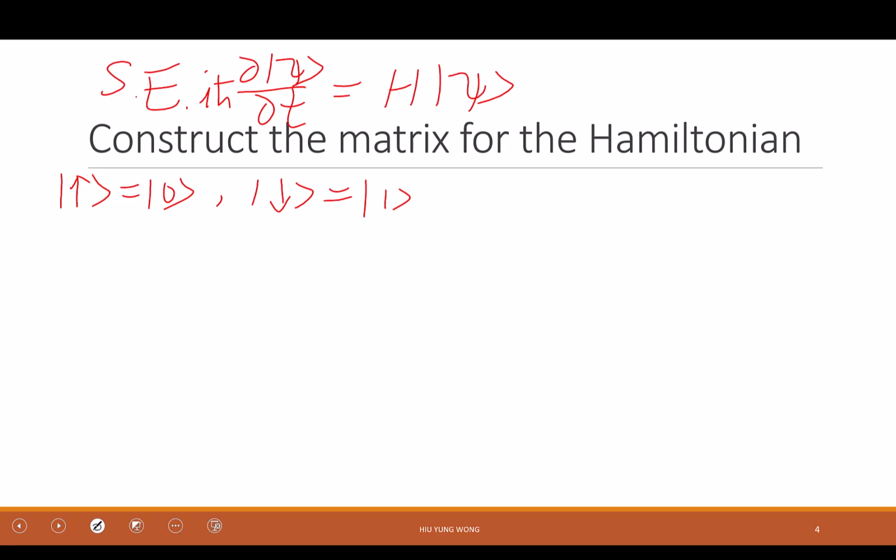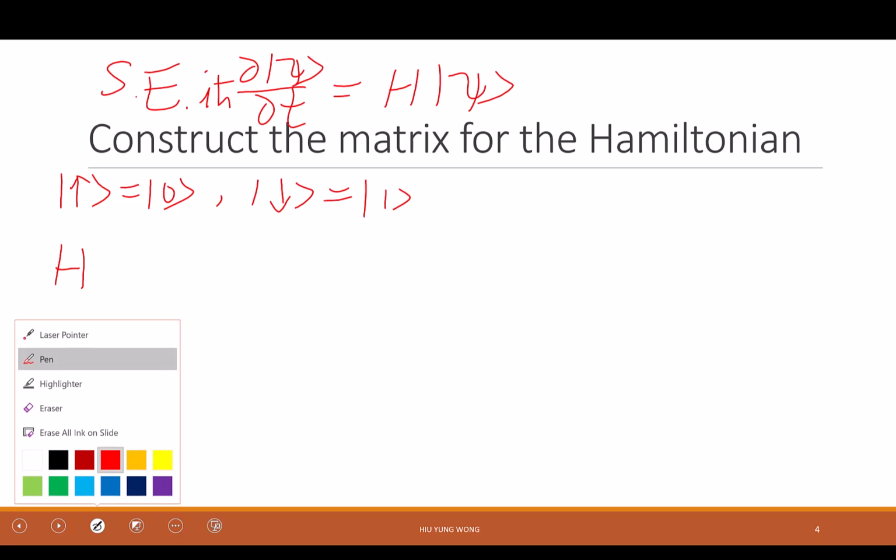Now, if you remember what we learned earlier, how do you construct a matrix from its eigenstates? Maybe I should add one more state.